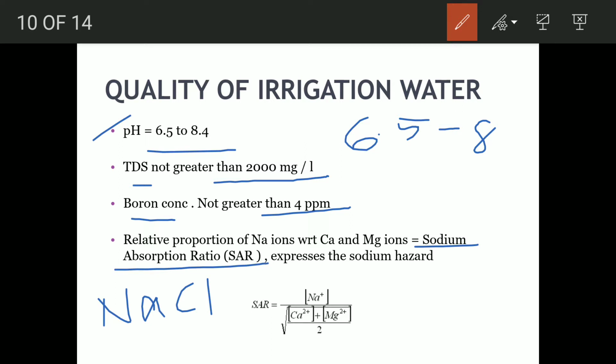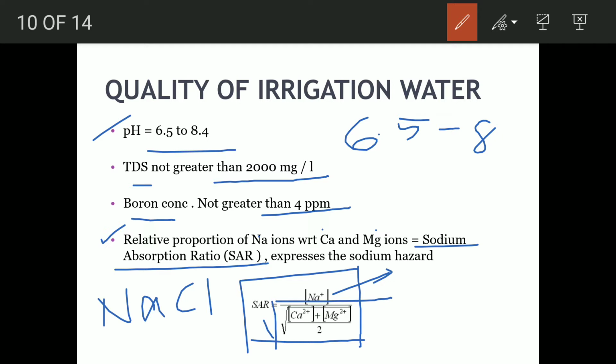It is a relative proportion of sodium ion with respect to calcium and magnesium ion. As an equation, SAR equals the concentration of Na plus divided by the square root of the concentration of calcium plus the concentration of magnesium, divided by 2. All the concentrations are expressed in milli equivalent per liter.